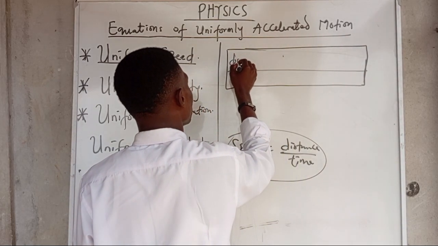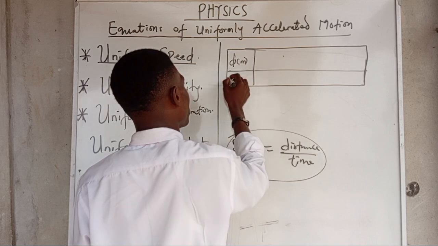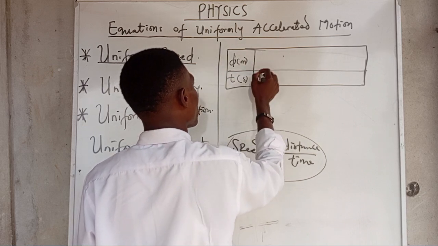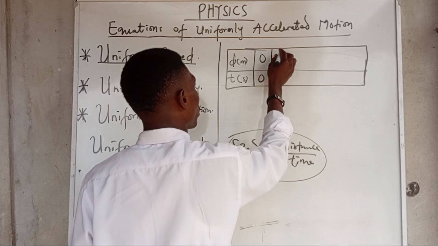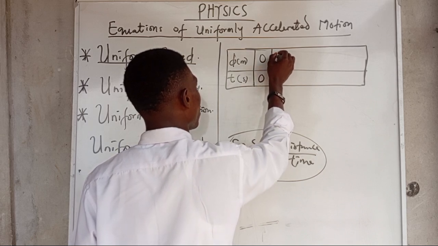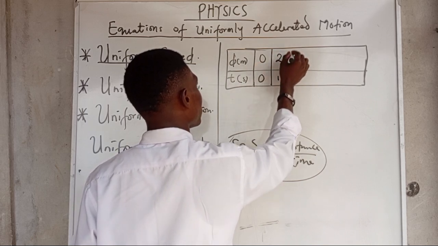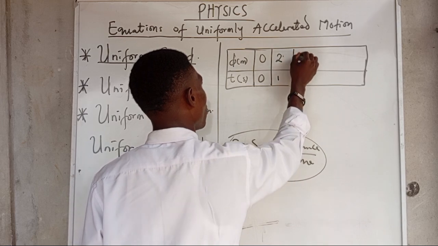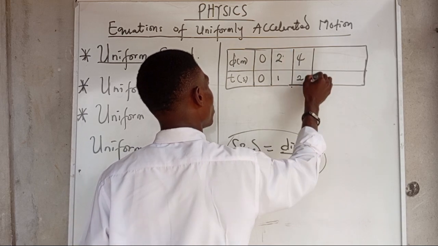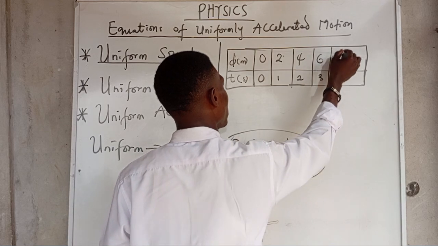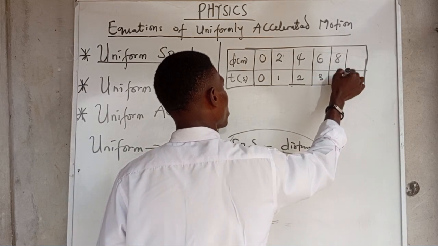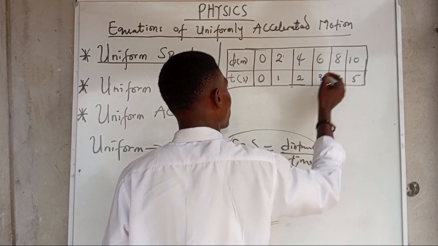So we have distance in meters, then we have time in seconds. Now we're going to start from when the body was at rest, 0, 0. Let's say the body covers a distance of 2 meters in 1 second, then 4 in 2 seconds, then 6 in 3 seconds, then 8 in 4 seconds, and 10 in 5 seconds.